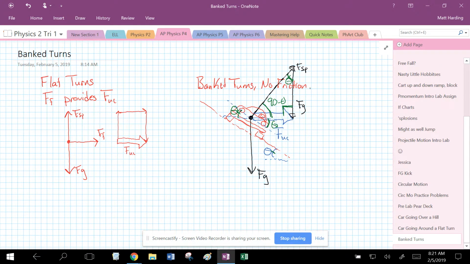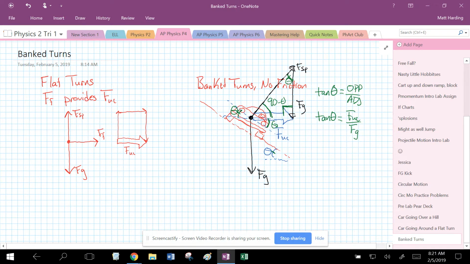So in looking at how these things relate to each other, the hypotenuse here is the F_N. The F_UC is the thing that we might want to be solving for here. And tan theta equals opposite over adjacent. So in this case, the tangent of the angle of the embankment is going to equal the unbalanced central force divided by gravitational force.